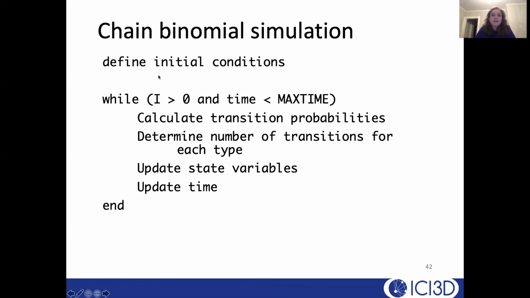First, always define initial conditions, and then we have a loop while the number of infectious individuals is positive and the time is less than the specified amount of time you're willing to wait for your simulation to end. We're going to calculate the transition probabilities, determine the number of transitions for each type, update those state variables S, I and R, and then update the time, which will be plus delta t, a fixed amount of time.